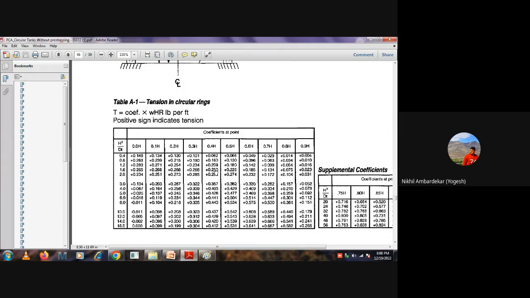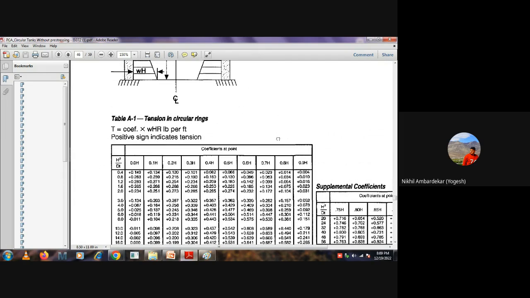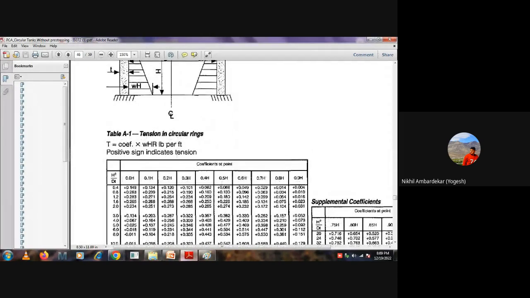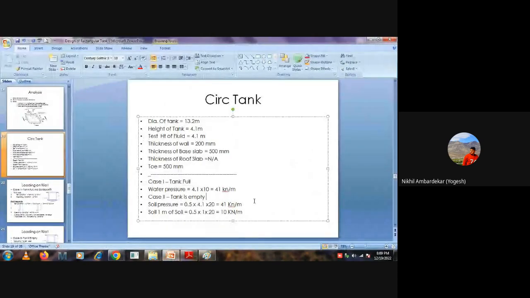On a similar basis, we have to find out the aspect ratio for a circular tank also. How do we find that aspect ratio? That is h square by dt. H is the height of the tank, d means diameter, and t means thickness. So in our case, what will be our aspect ratio?